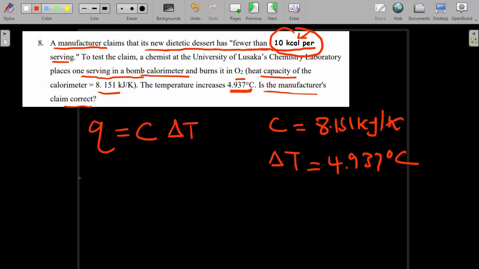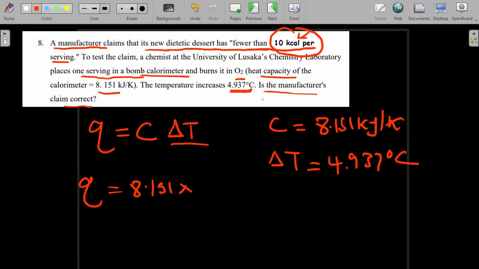So let's find the energy. The energy will just be equal to the heat capacity, 8.151, multiplied by the change in temperature.